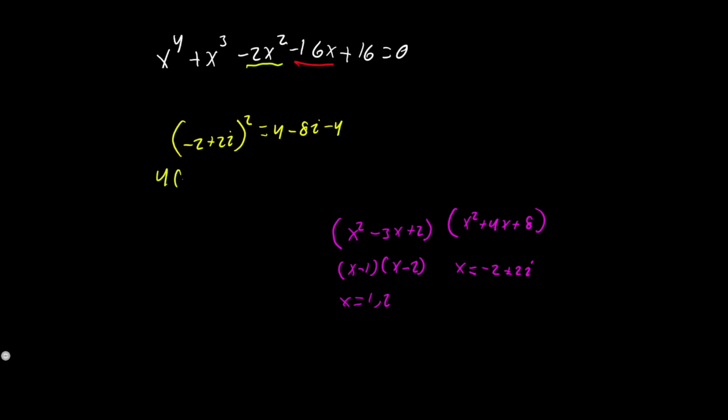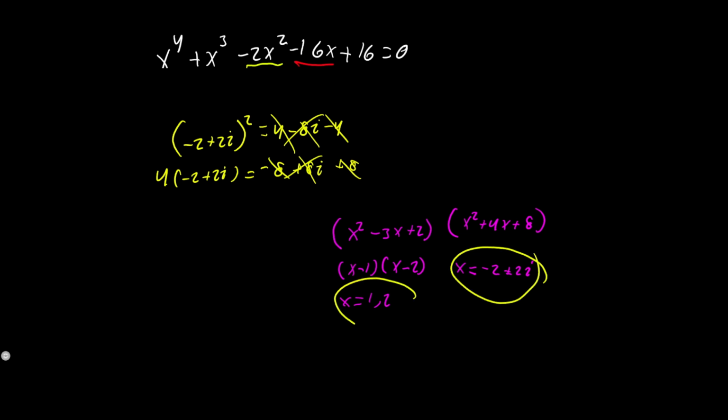And 4 times negative 2 plus 2i is negative 8 plus 8i and plus 8. Here we have this cancels out, and 8i and negative 8i cancel out, giving 0. So this gives us that our solutions are true.